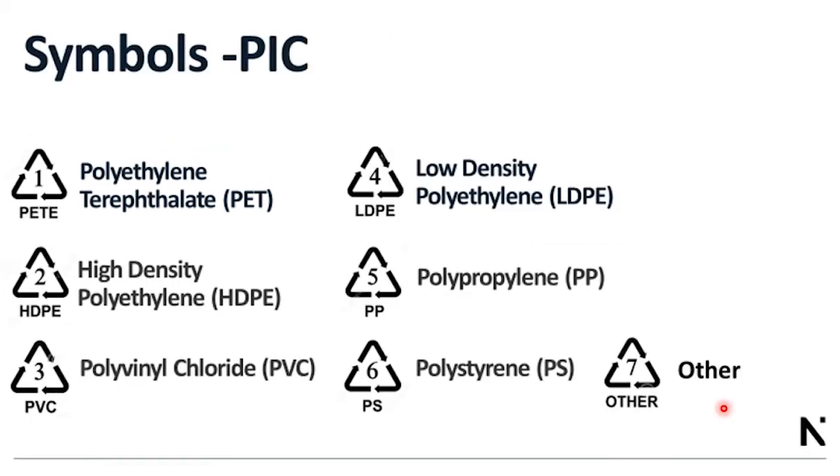So follow the guidelines on your local council website instead of using the plastic identification codes. This is just for your information, for you to learn what they are about. But yes, generically speaking, PET and HDPE are widely recycled, and the other 3, PVC, polystyrene, and others, are not. The other ones in between, you have to check.